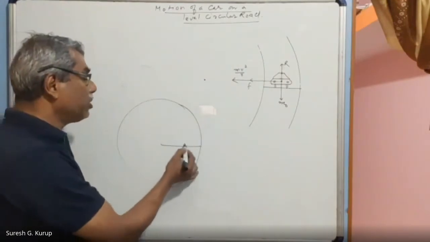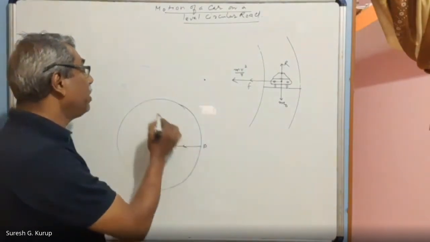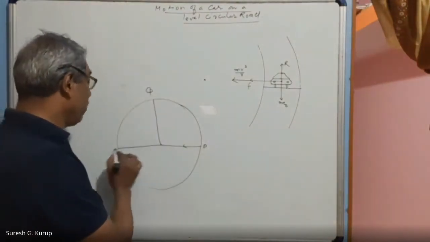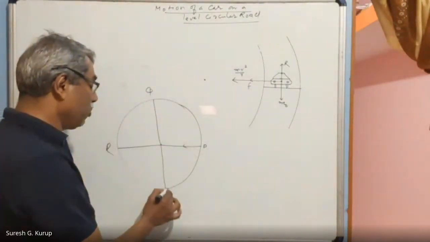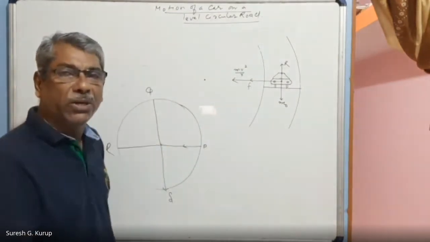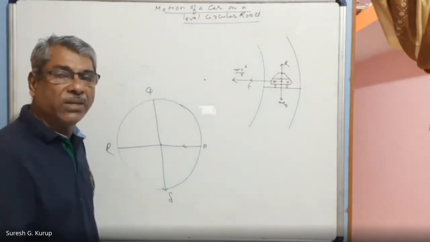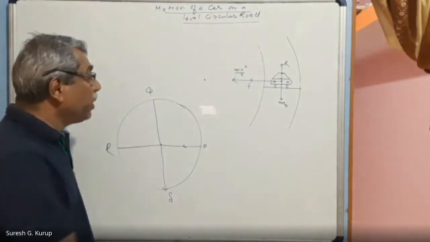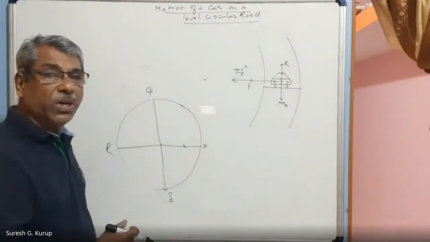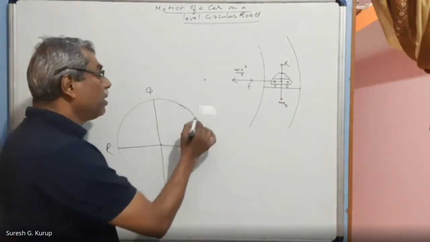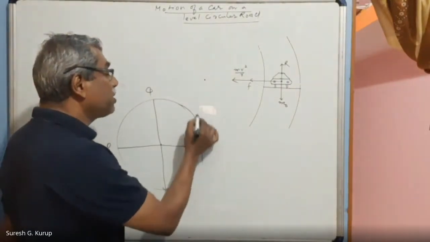At any instant, suppose the body is at P, at some other instant at Q, then at R, and then at S, going on moving in the circular path. Remember that its speed is always a constant. The direction of the velocity of a body is always represented by a tangent placed at that particular point.